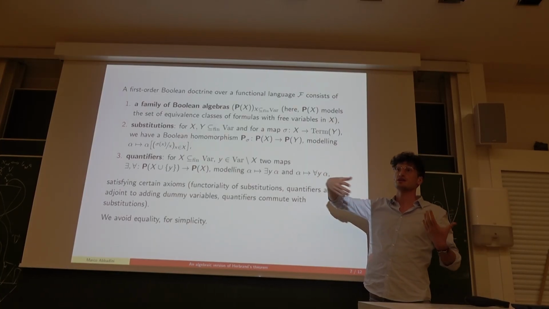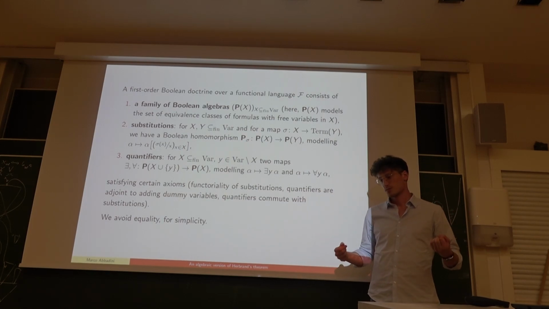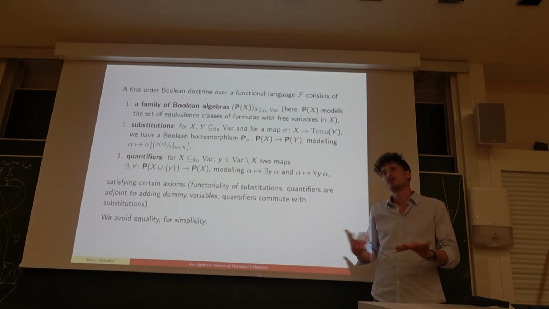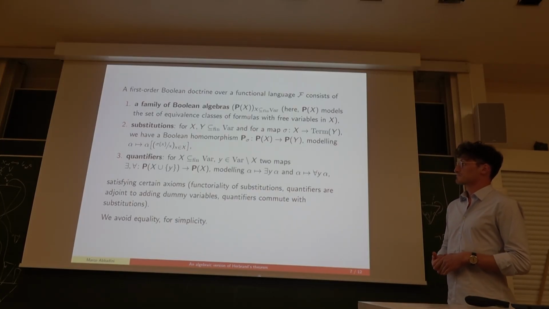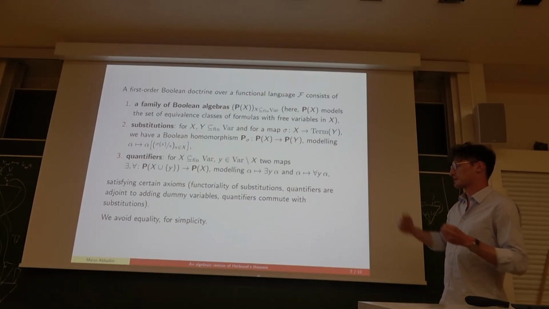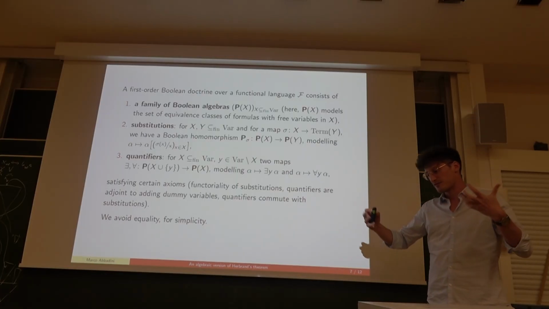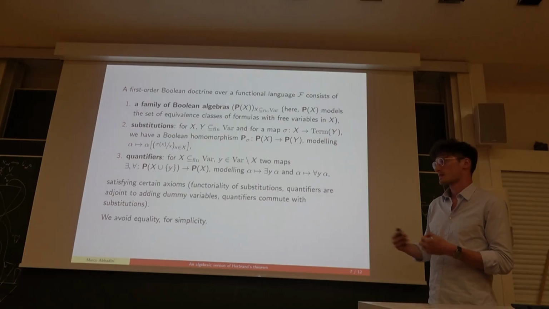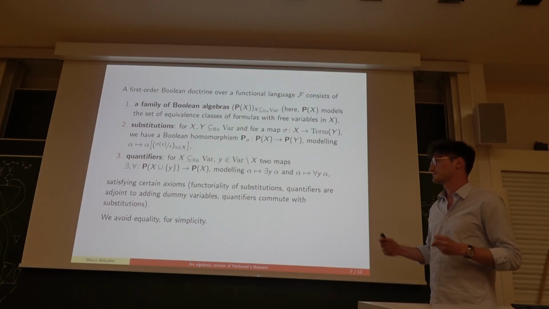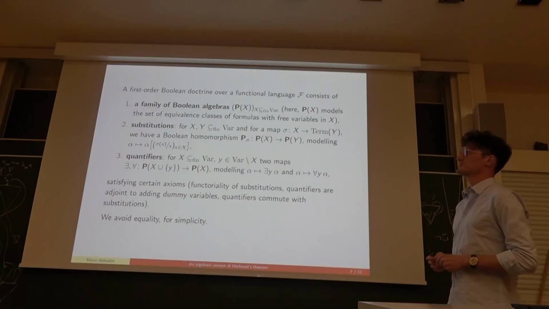And that Boolean algebra is the Boolean algebra of formulas with free variables drawn from the given set. And we need these many families so that the quantifiers behave better, because they change the set of free variables.